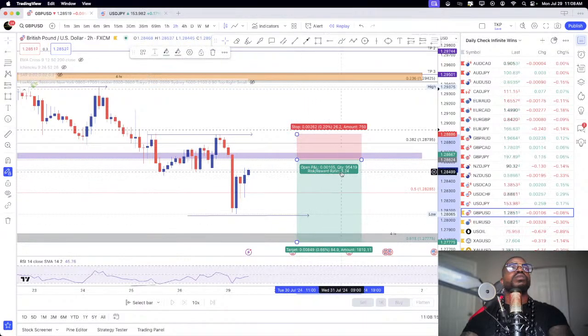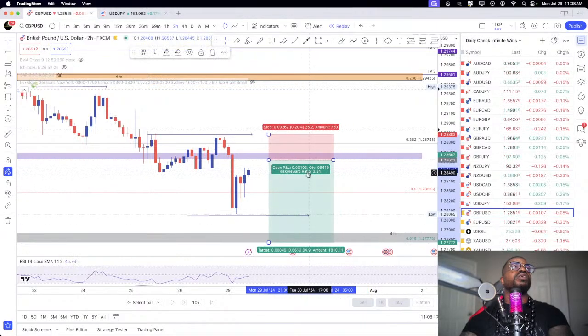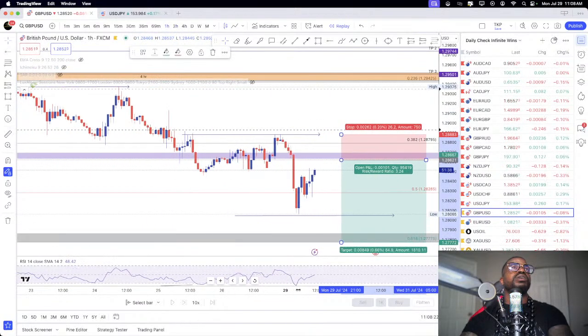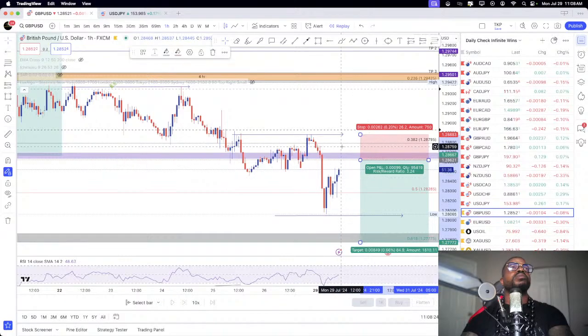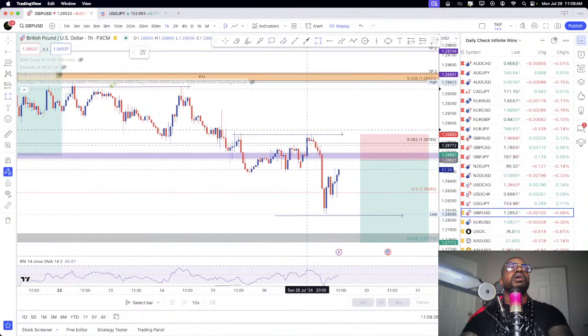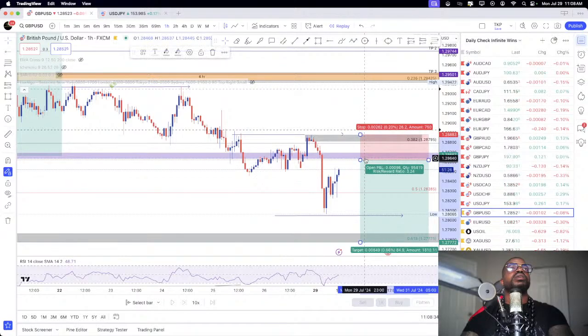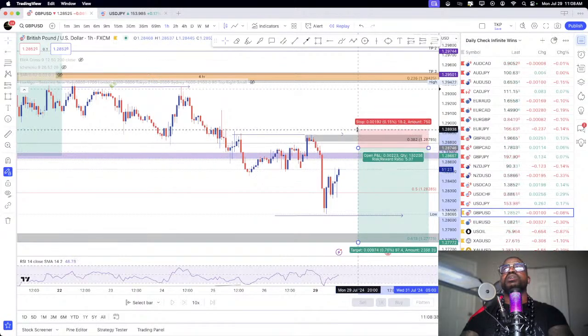So what we want to do when we go down to the smaller time frames is find an entry where we can tighten up our stop loss so we can have the best risk reward possible on that trade setup. And we also want to prevent being stopped out of a winning trade as well.